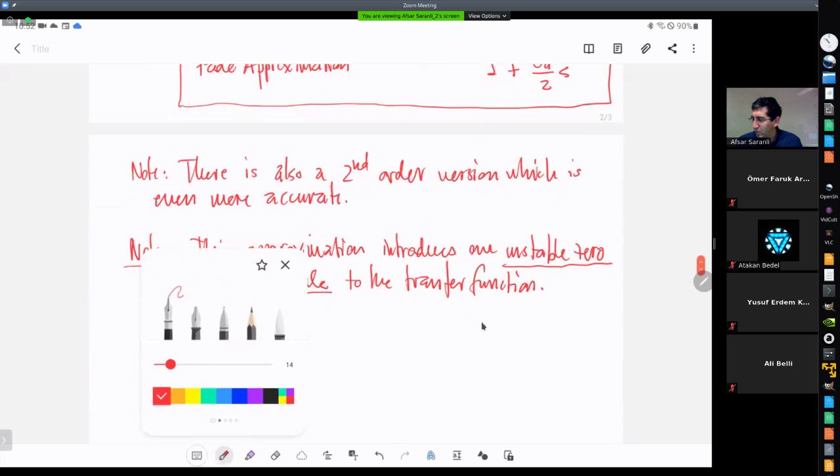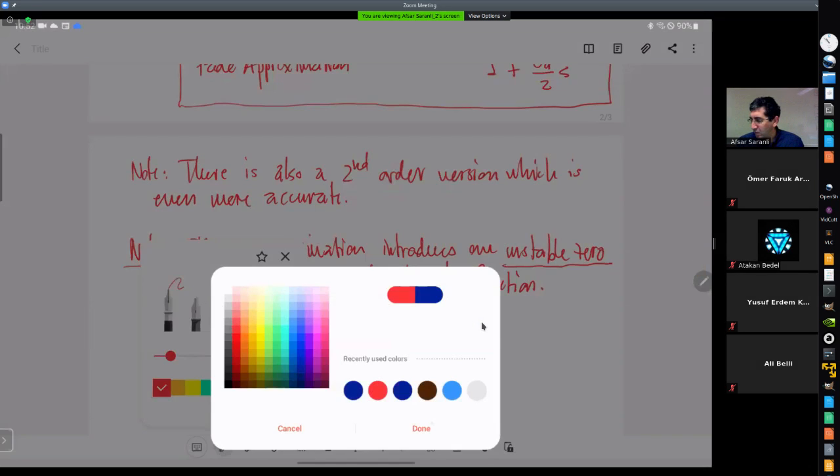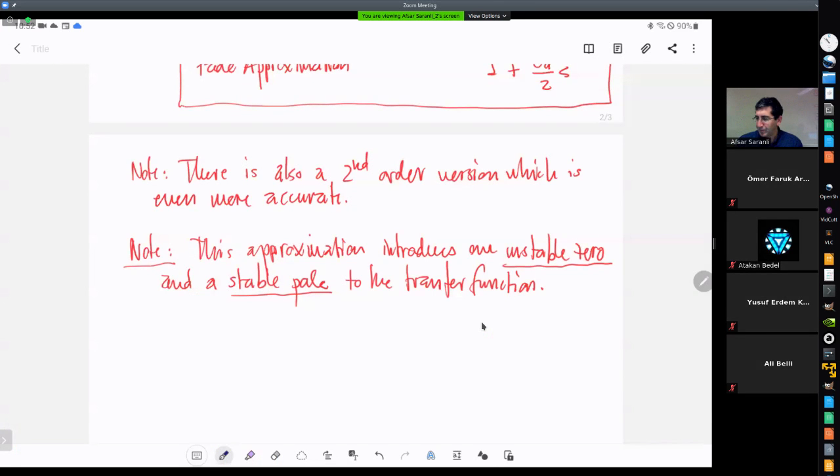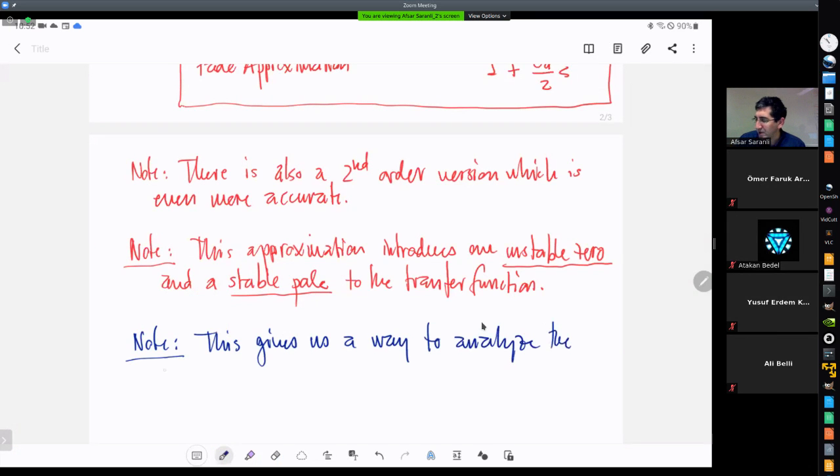Okay, so what does it give us as a tool? This gives us a way to analyze the potential effects of time delay within a feedback system.